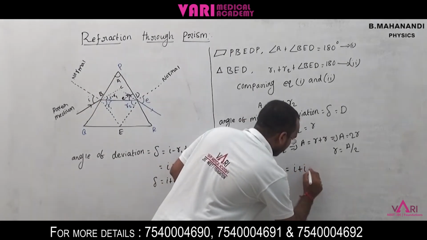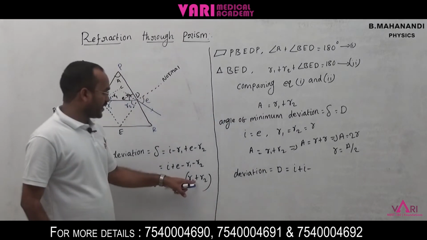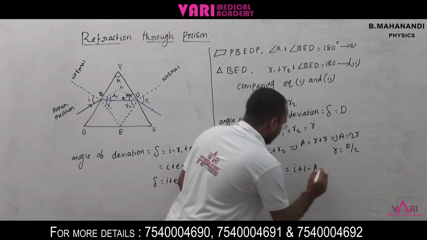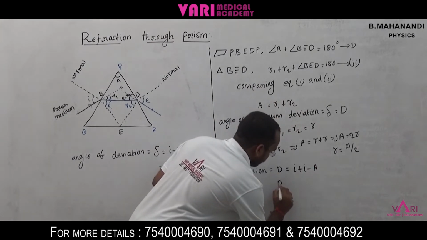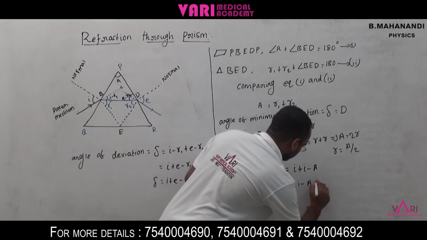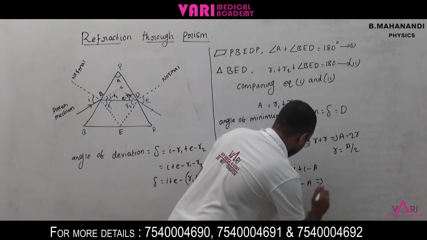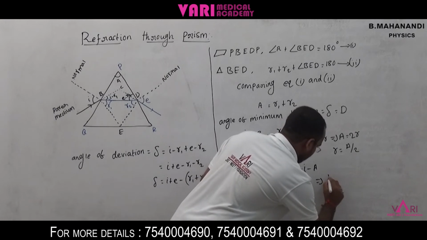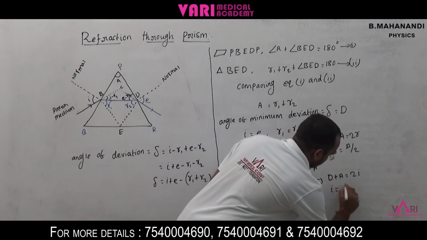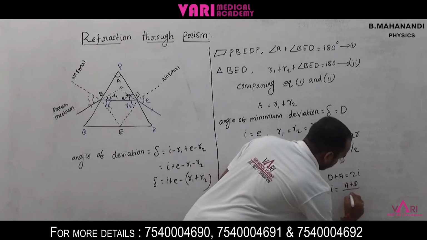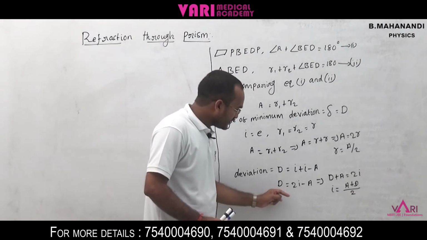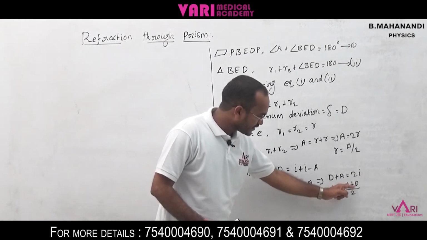So i plus e minus (r1 plus r2), which is the angle of prism A. Finally, D equals 2i minus A. Now, D plus A equals 2i, so i equals (A plus D) by 2. This is the incident angle.